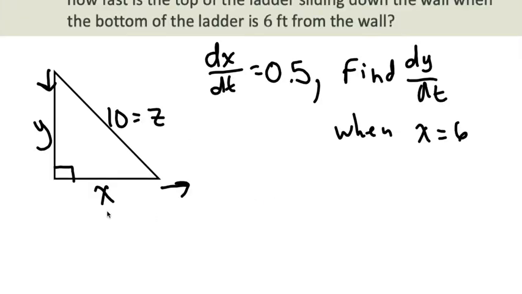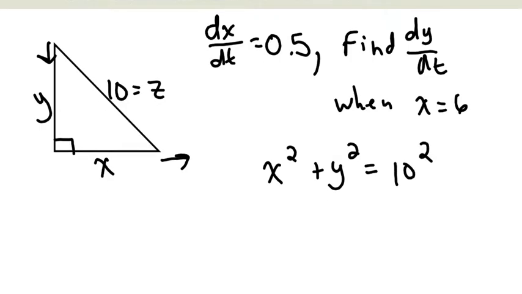So again, we're dealing with a right triangle. So the formula, like I said, is not a surface area, volume, anything like that. The only formula we know that deals with right triangles is the Pythagorean theorem. So x squared plus y squared is equal to, you could say z squared, but since the height of the ladder is not changing, this ladder is always 10 foot long, we can just say 10 squared.